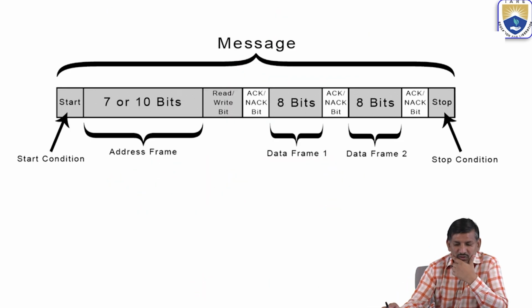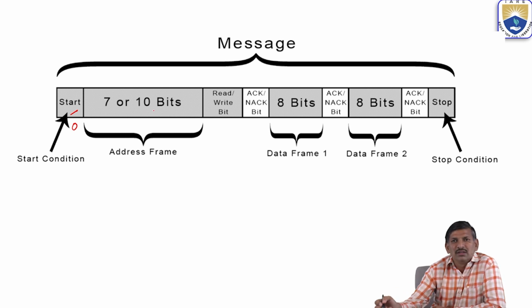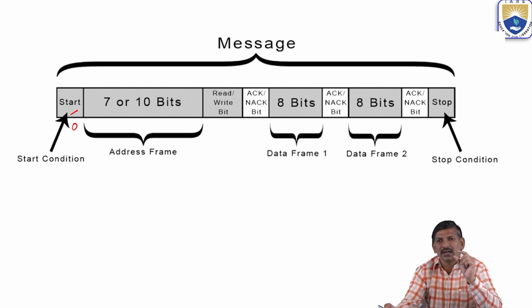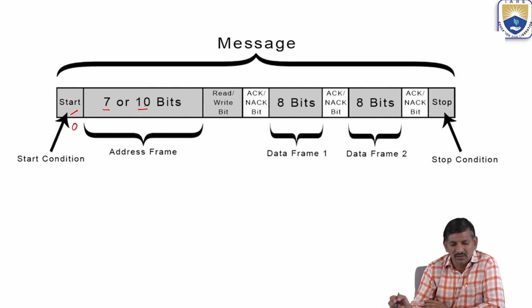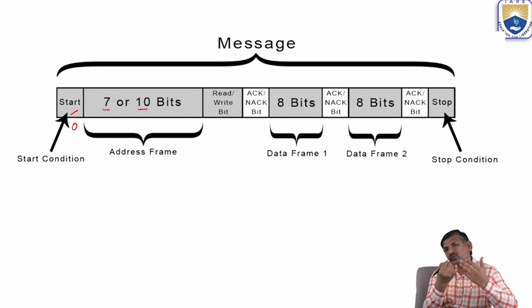The communication frame format contains the start of the frame, which is 0. Next, it contains a 7-bit or 10-bit destination device address. Each device has a particular address. Next bit indicates the type of operation: either the device wants to read the data or write the data, receive or transmit.